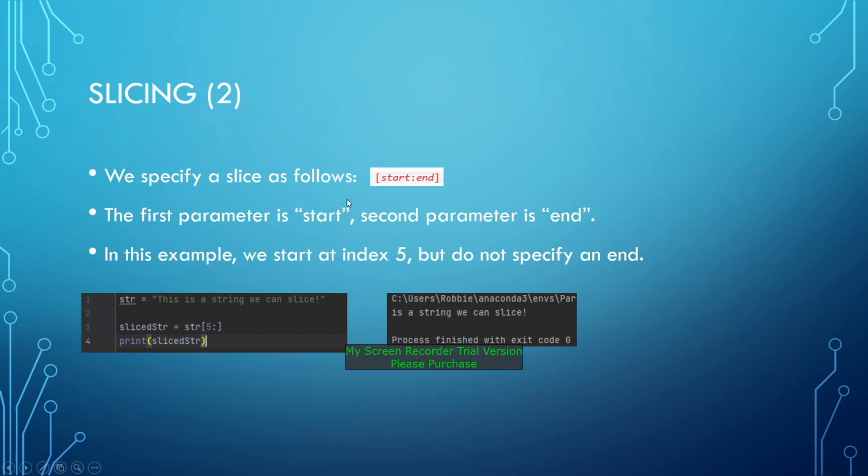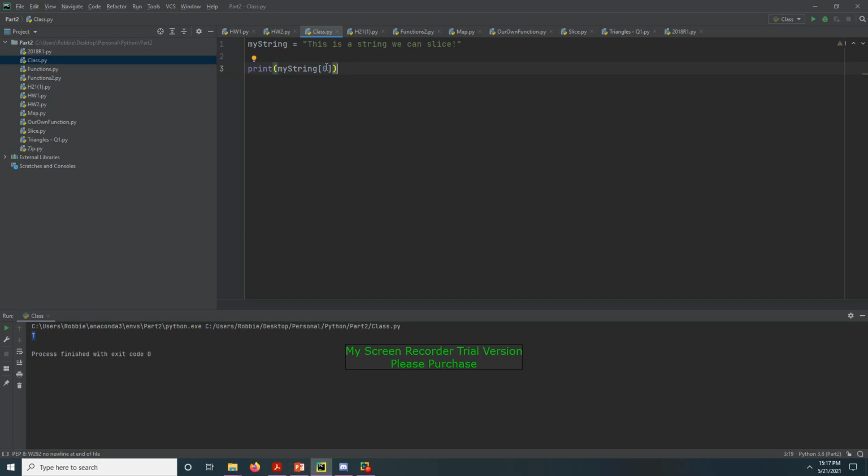Okay, so now we specify a slice as follows. Instead of just inputting an index, so you'll remember the index is just the number in square brackets, now you can specify a start and an end parameter. It looks exactly the same.